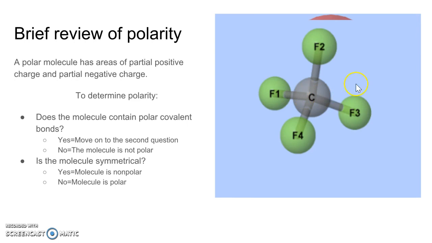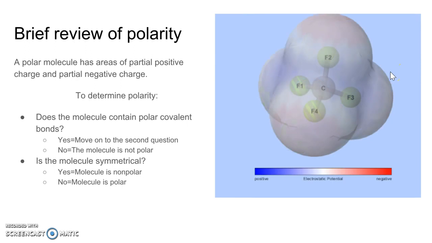So if you look at this particular one, you'll notice that this is a pretty nonpolar molecule, but it does have the tiniest amounts of slightly negative areas and slightly positive areas. All right, so that should have reviewed a little bit about polarity.